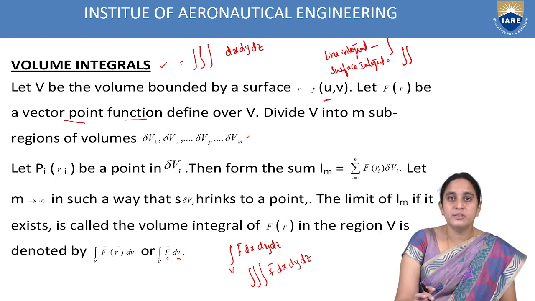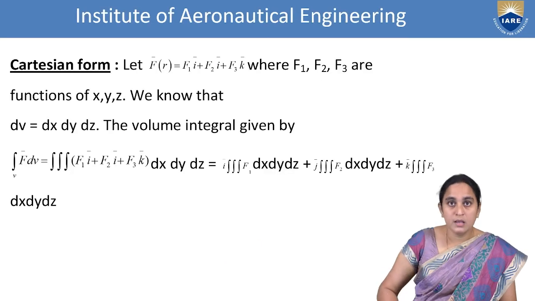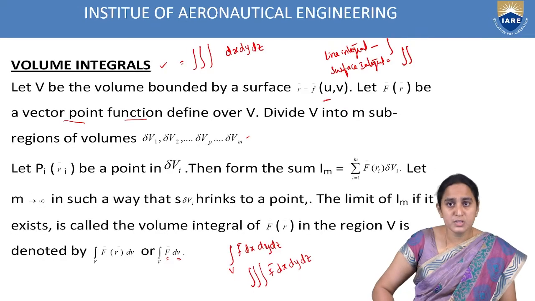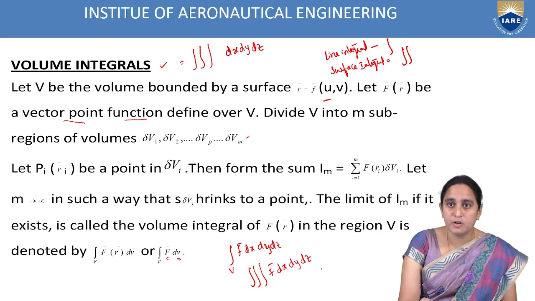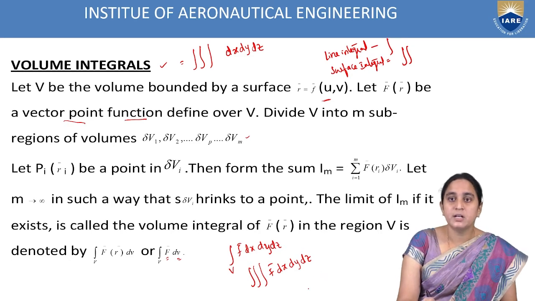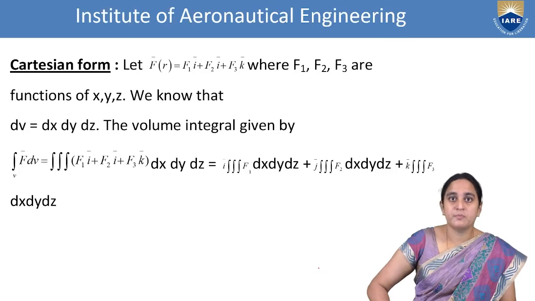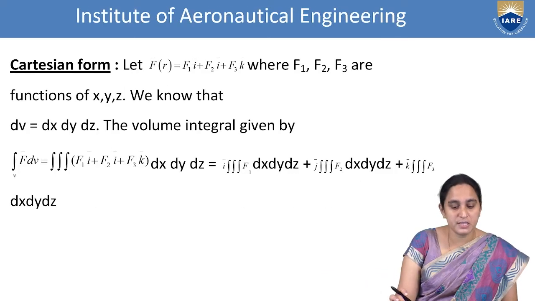Now let us start with the first question. This is the basic definition of the volume integral, the triple integral of F bar dx dy dz, and its Cartesian form is here.